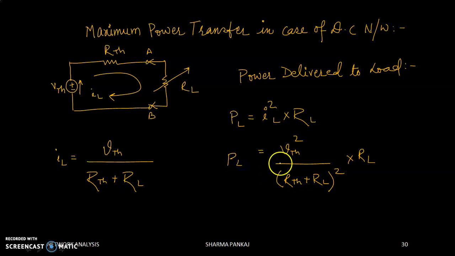This is PL is equal to VTH square upon under bracket RTH plus RL whole square into RL.